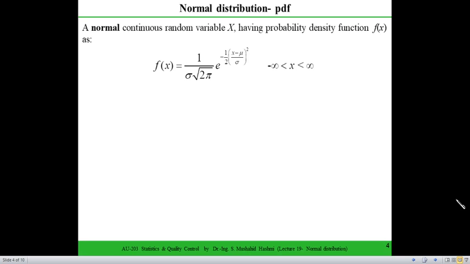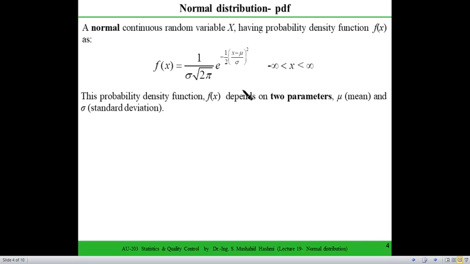As we know, this distribution deals with a continuous random variable, so its probability density function is represented by a continuous curve, and the equation of the curve is f(x) = 1 over sigma square root of 2 pi, e to the power minus half times ((x minus mu) over sigma) whole squared. The range of this function lies from negative infinity to plus infinity. It means x can take any value from minus infinity to plus infinity.